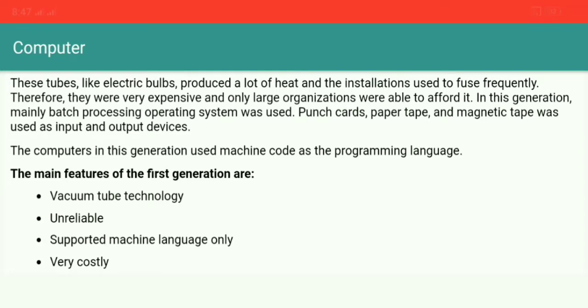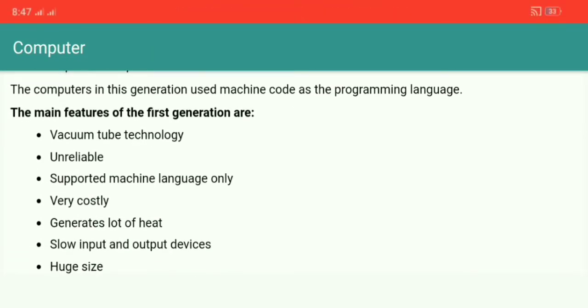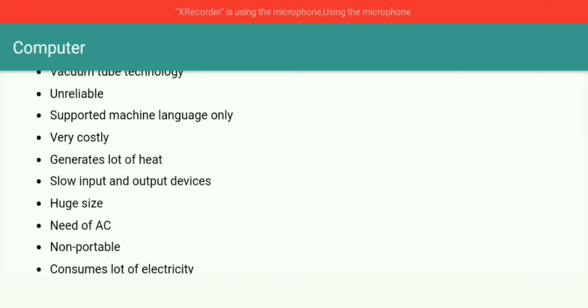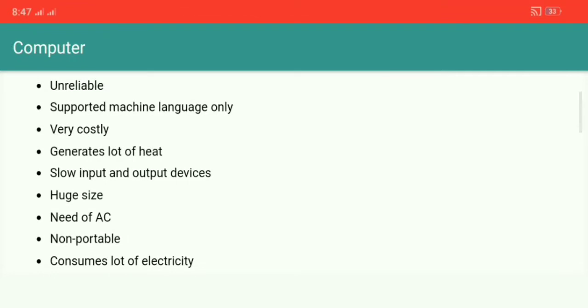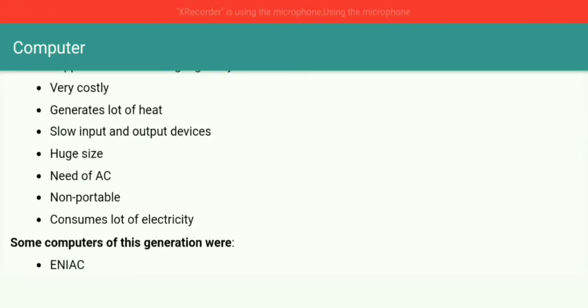Vacuum tube technology, unreliable, supported machine language only, very costly, generates a lot of heat, slow input and output devices, huge size, need of AC or active current, non-portable, consumes a lot of electricity.